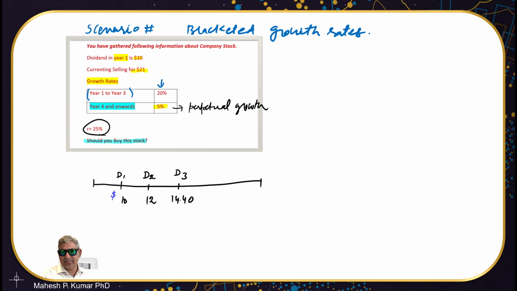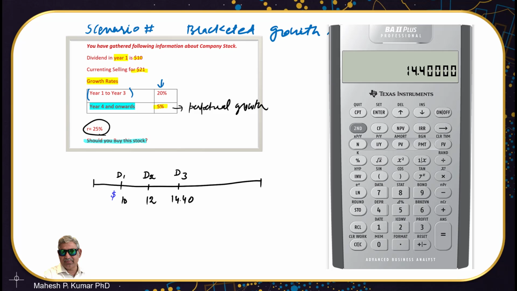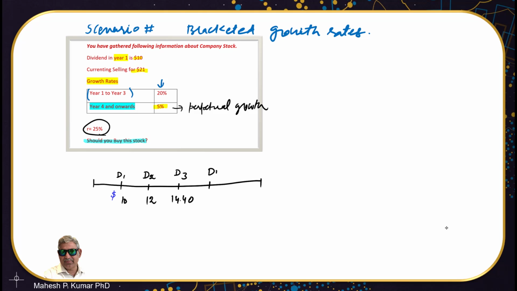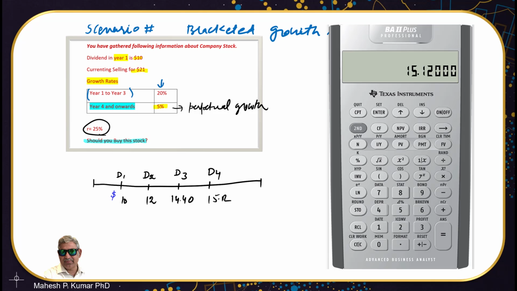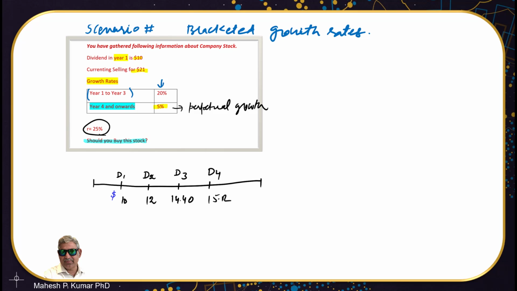Then in the fourth year the growth rate has changed and it will be 5% only, so it would be times 1.05, so the dividend would be $15.12 in year 4. After that the growth stabilizes, it becomes a perpetual growth rate of 5%, whereas it was 20% in years 1, 2 and 3.